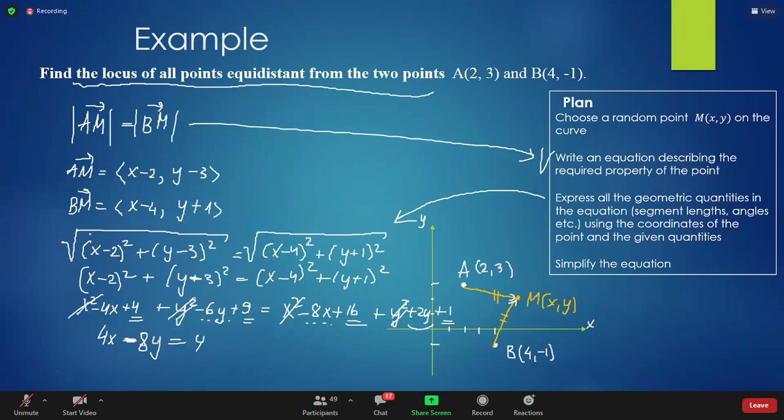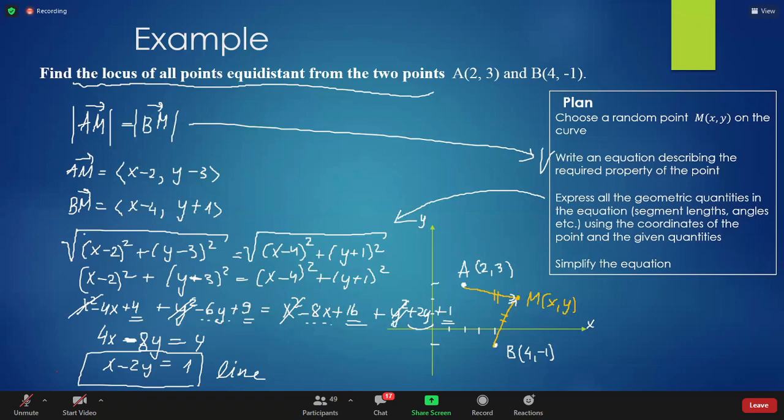Or if you want to write it as a function, y equals half x minus 1/2, which is not perhaps the best, but we might recognize this as an equation of a straight line. This is a straight line, and so we can in fact imagine many points on this line.